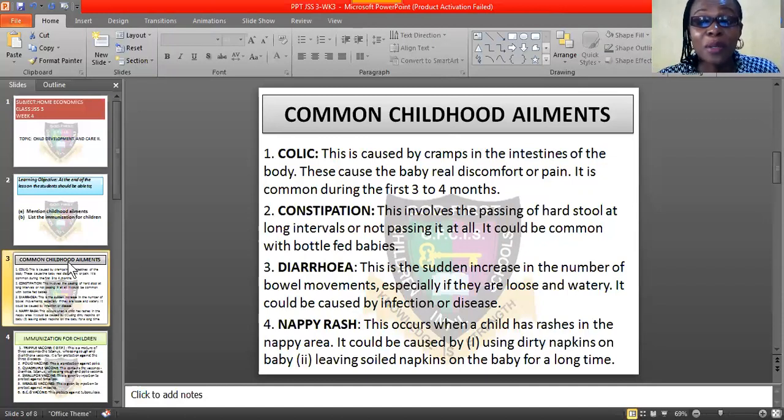It is not something you can do. Remember, we are talking of a small baby here, a small baby of 3 to 4, 5 months. They are still not strong. So you need a gynecologist. The gynecologist will put you through on how to go about it, and the child will be able to stool. Is that clear? All right.